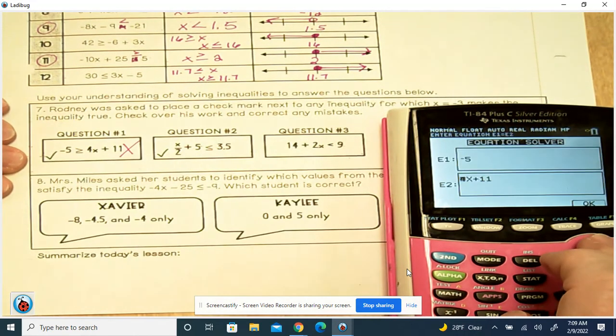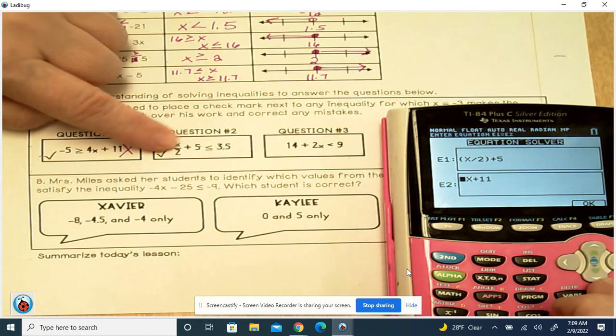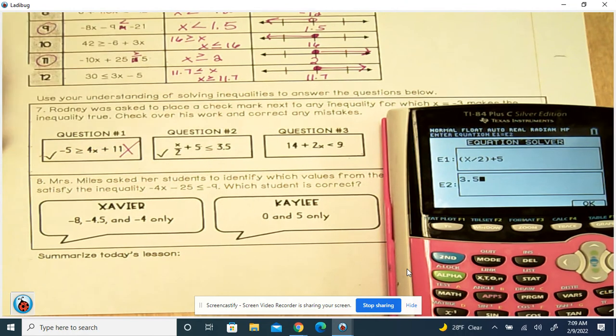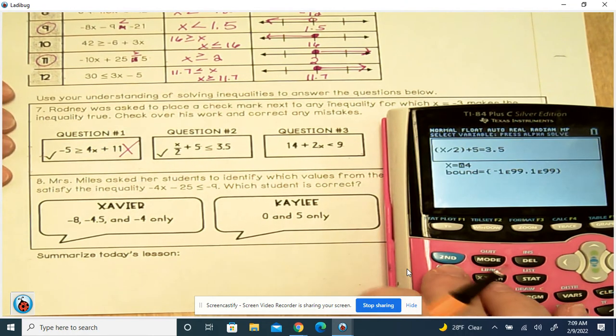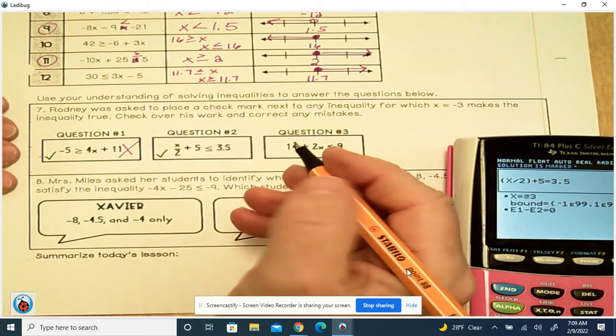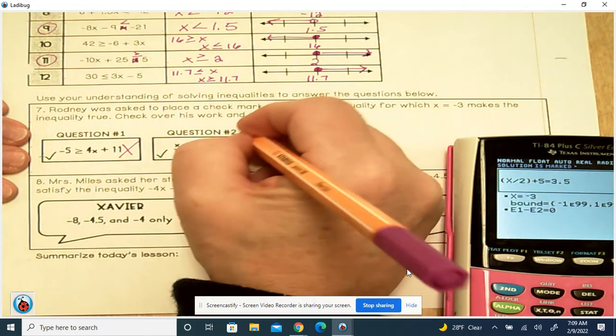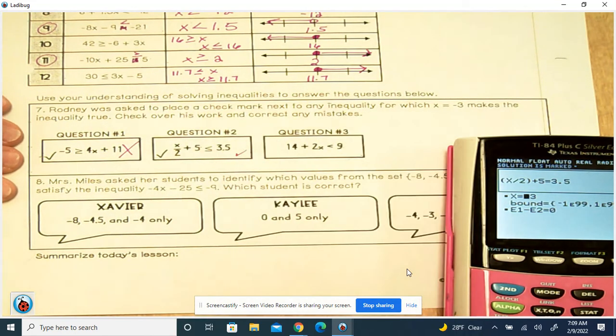All right, we're going to go up to number 2. We've got x divided by 2 plus 5. And then 3.5. Enter, alpha, enter. That comes out to be negative 3. So we'll check that one.